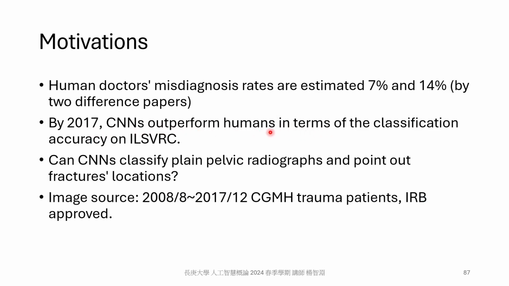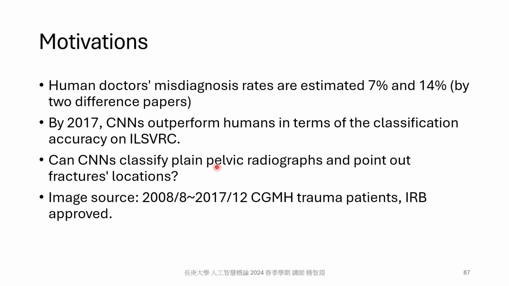Humans make mistakes, with a diagnosis error rate around 7% to 14%. So they want to know, can they use any existing CNN-based method to predict? Actually it's an application. They use some existing classification algorithms and try their own data set to see how the algorithm will perform.